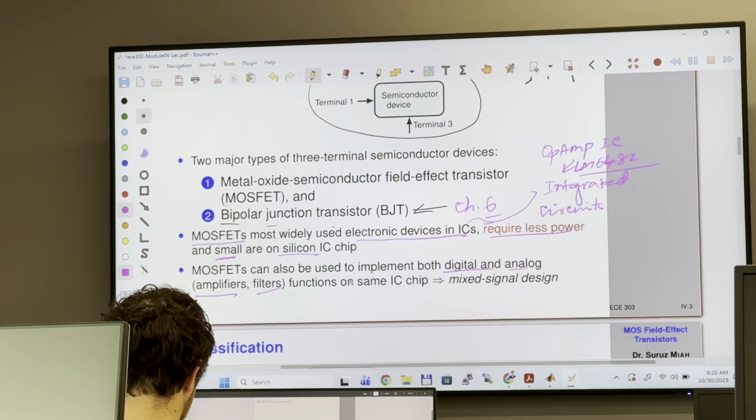Therefore, both analog and digital functions can be implemented on the same IC. That's why these MOSFETs are used for mixed signal design. Mixed signal means on the same IC, you can have both analog and digital functions.